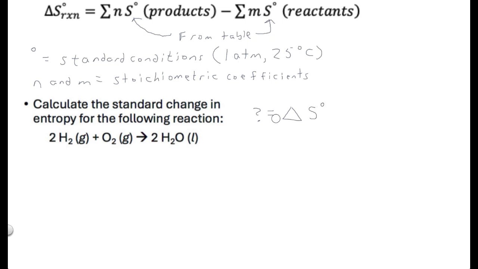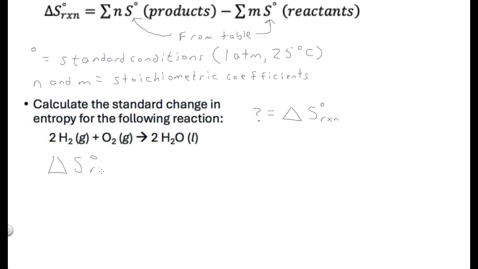Also, we can notice this is asking for the entropy change for this reaction. So to give it a full symbol, we could write it out like this. Okay, so notice here that they actually gave us a reaction, so we can use this formula to solve the problem.